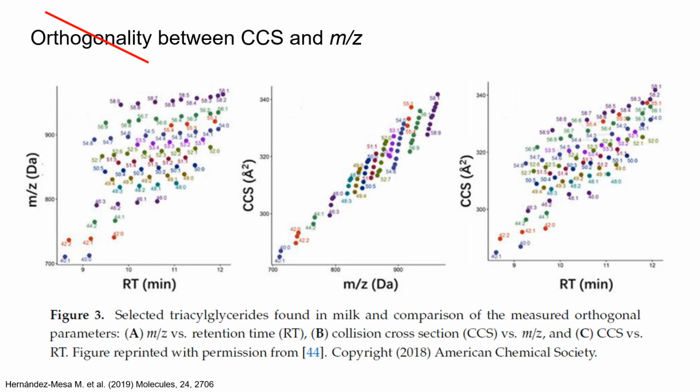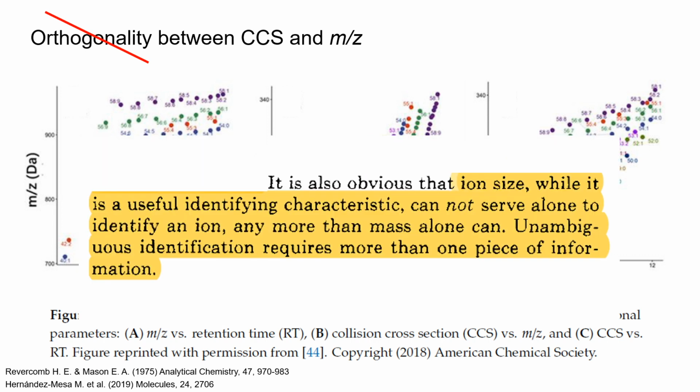And based purely on this first point, I don't see why the CCS shouldn't be used in this criteria as well. In my opinion, the more pieces we have available, the easier it will be to reconstruct the puzzle. And this is also shared by Mason and Revercomb in 1975 with their review on plasma chromatography.